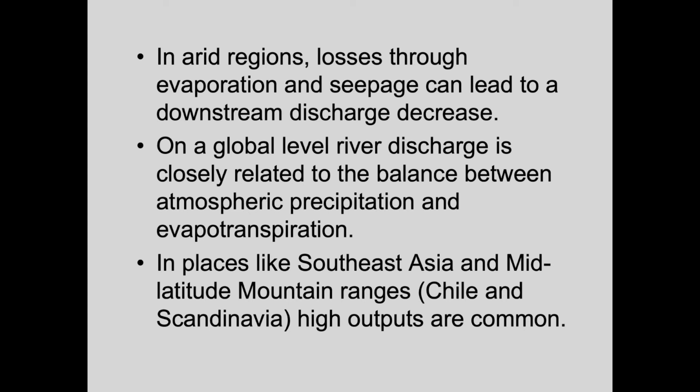And again, things like elevation will sometimes be confounding variables in this process, but generally that's what we are seeing. So in places like Southeast Asia and mid-latitude mountain ranges in locations such as modern Chile or Scandinavia, we see pretty high outputs with regard to stream discharge.